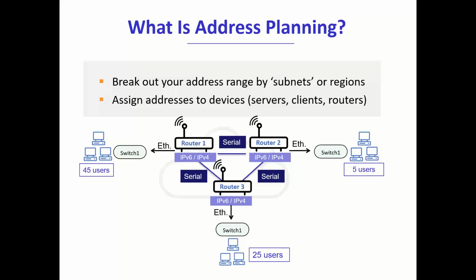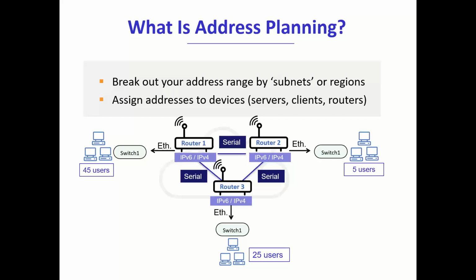Is it going to be a dynamic address? Will it be a privacy address? Will it be a ULA? And so all these decisions have to be made. IPv6 gives us the capability to do multiple addresses per interface. Do I want to use that? So there are many, many decisions that have to be made.